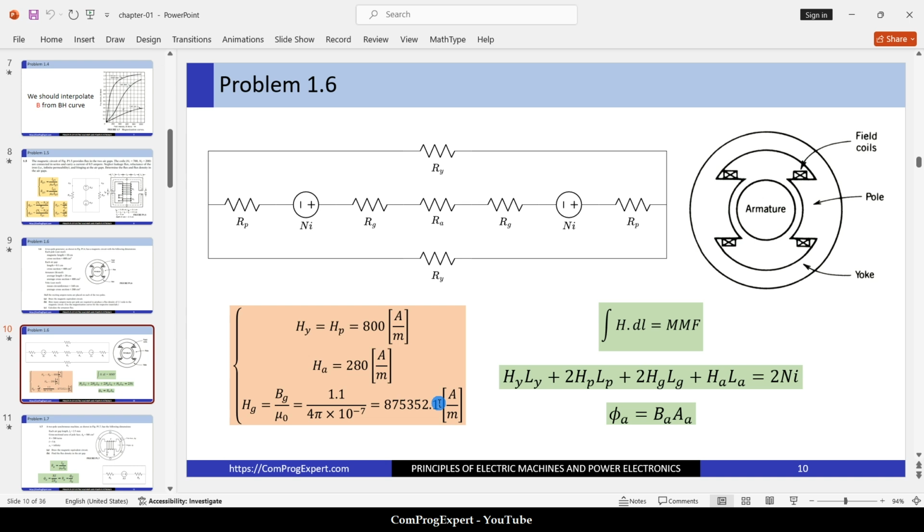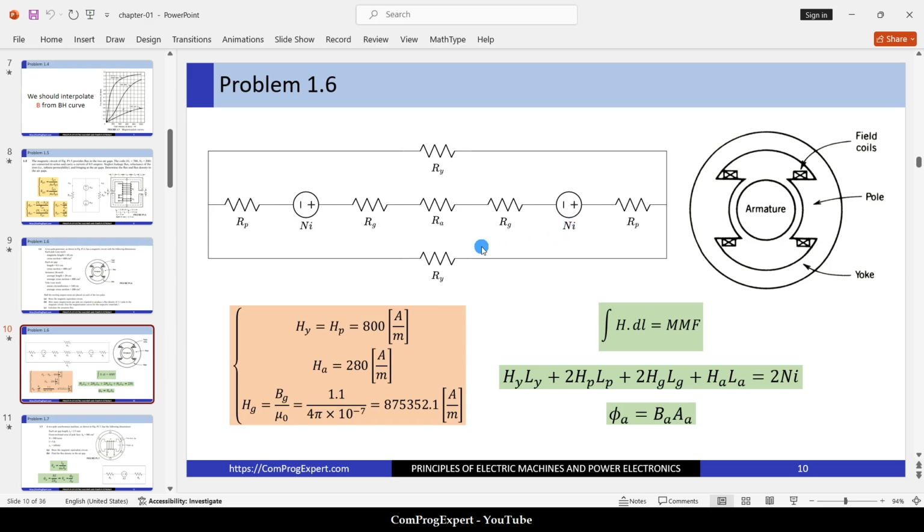How can we calculate the total magnetomotive force needed for excitation for magnetizing this two-pole generator? We can calculate reluctances and solve the circuit, calculate the flux in the armature, and there will be one unknown, that is current, and finally based on those equations we can find the value of the current.